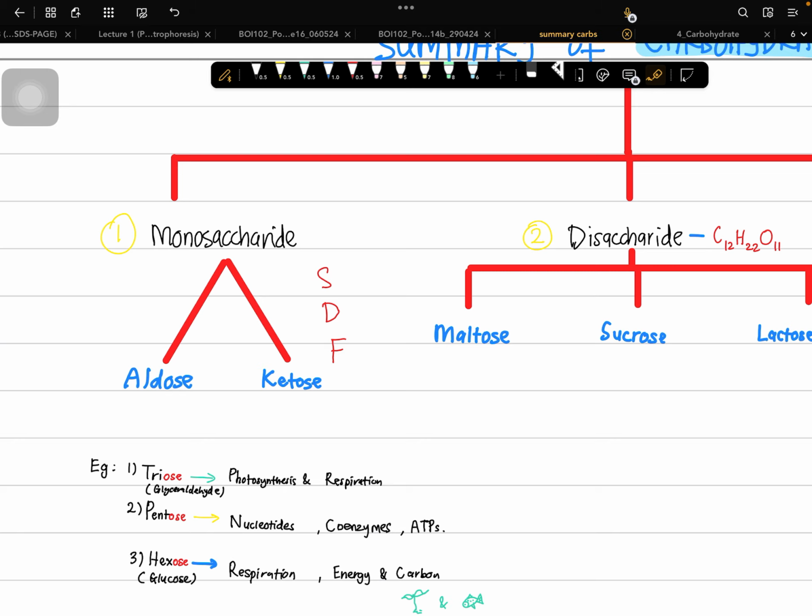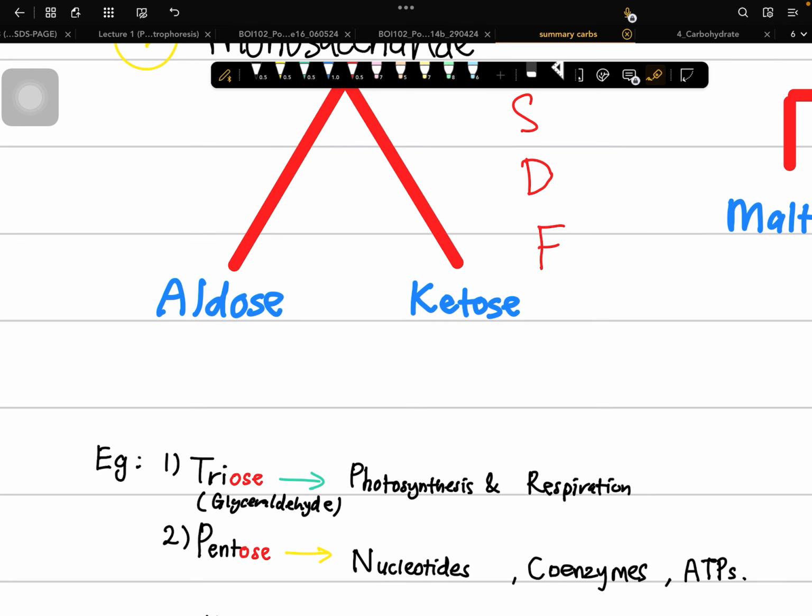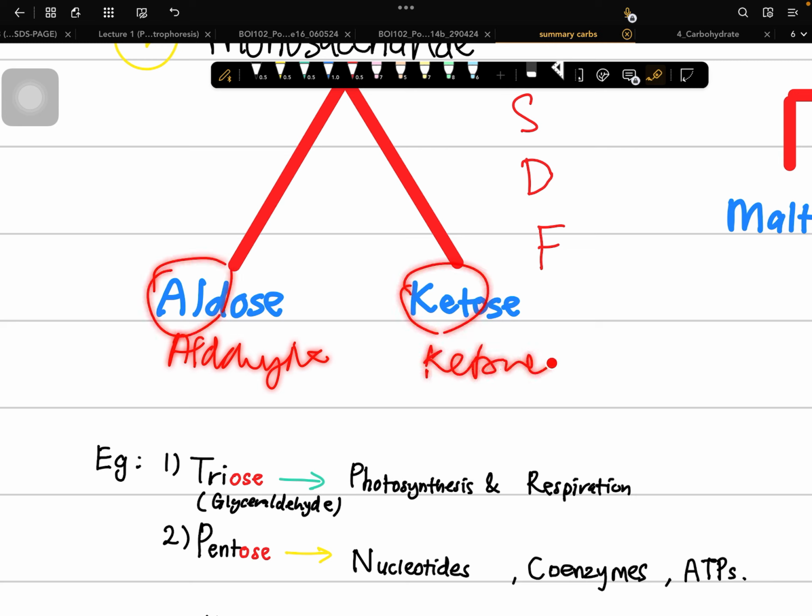there are two types of sugar, based on their functional groups. There are aldose sugar and ketose sugar. Aldose is because their functional group is aldehyde. Ketose is because they are ketones.